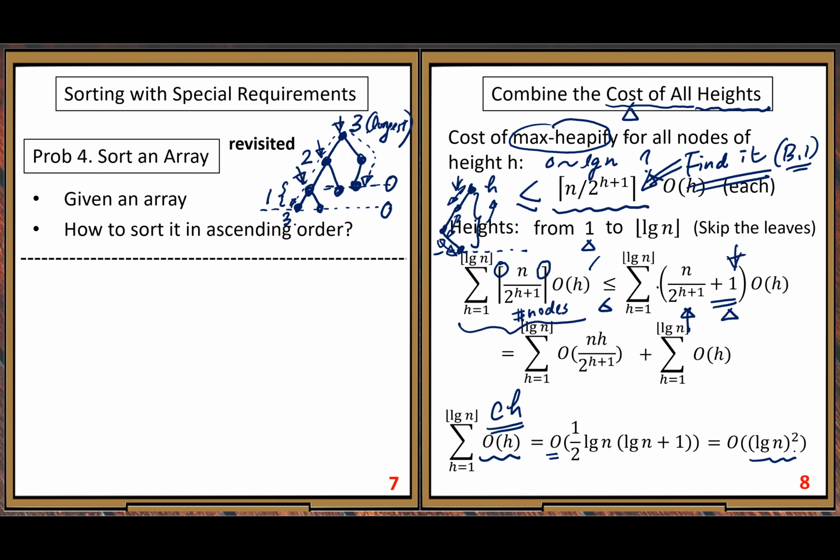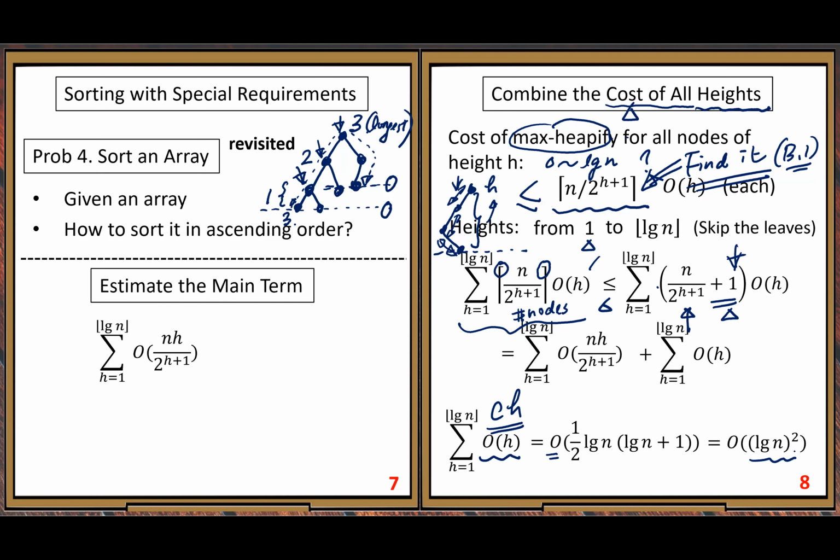Our next task is to estimate the main term. This one is a little harder, but not too much harder. This time we need to consider this summation. Let us simplify it, because in the summation, n never changes.